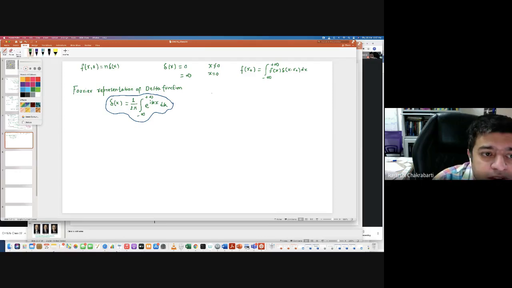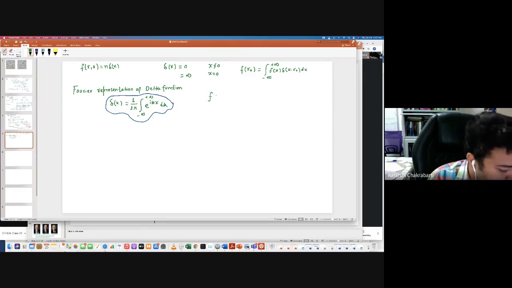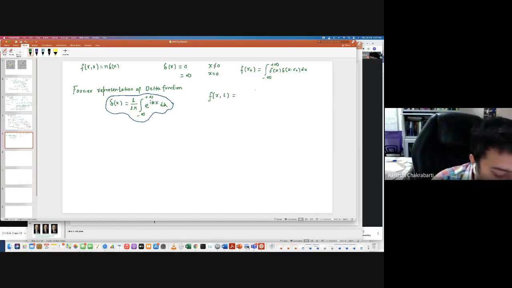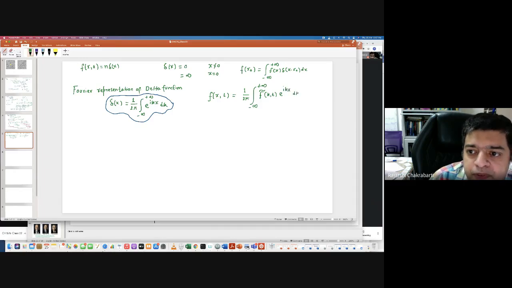So let us write down this f of x, t. This I can also express as a Fourier transform of another function. How do I write? It will be 1/2 pi, f tilde k comma t, e to the power ikx dk. You understand this?